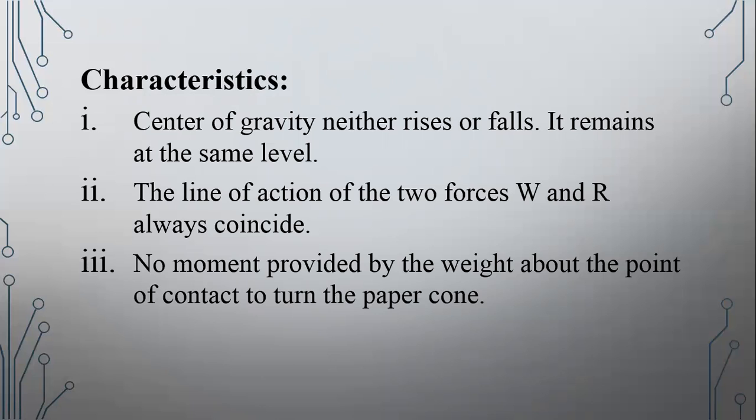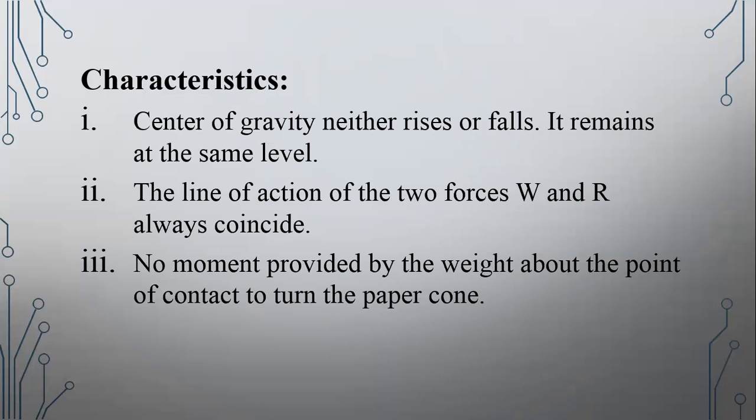स्टेबल में आपने नोट किया कि अगर आप उसको स्लाइटली टिल्ट करते हैं तो वो ऑब्जेक्ट अपनी एक्चुअल पोजीशन रीगेन कर लेता है, जबकि अनस्टेबल में वो अपनी एक्चुअल पोजीशन रीगेन नहीं करता, और न्यूट्रल इक्विलिब्रियम में वो ऑब्जेक्ट एक न्यू पोजीशन गेन कर लेगा। इसके बाद जो फर्दर डिफरेंसेस हैं उसमें कि सेंटर ऑफ ग्रेविटी इन केस ऑफ स्टेबल इक्विलिब्रियम राइजेस फ्रॉम इट्स एक्चुअल पोजीशन, but in unstable equilibrium it falls, and in case of neutral equilibrium there will be no change in the position of the center of gravity of that object.